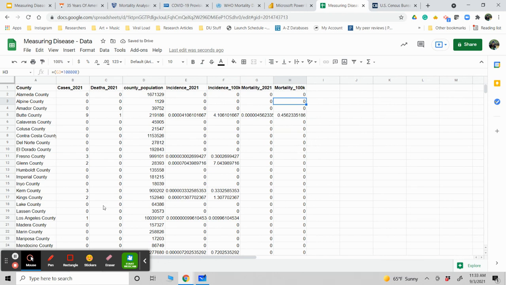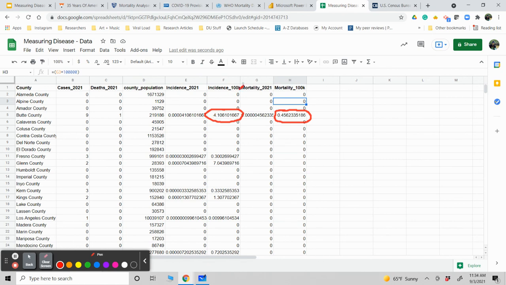Okay. So Butte County, for example, has an incidence rate of 4.1 per 100,000 and a mortality rate of 0.456 per 100,000.